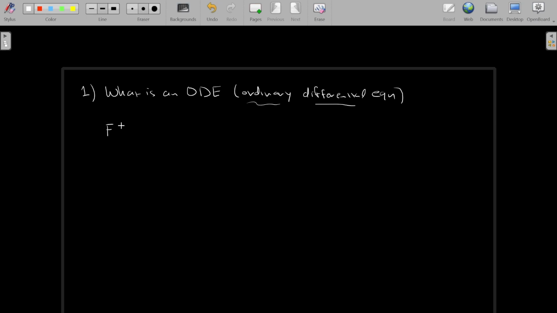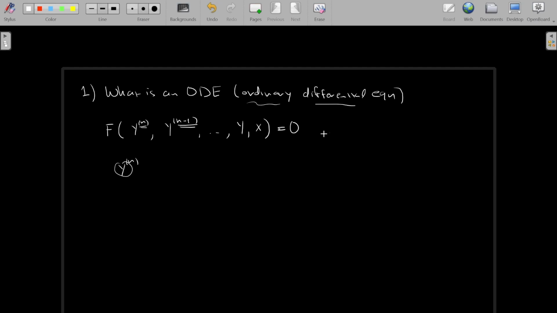Differential means that, let's say, you have the most general O.D.E, which is a function of y of order n, y of order n minus 1, etc., and y and x is equal to 0. Now, this is how orders of differential equations are denoted.